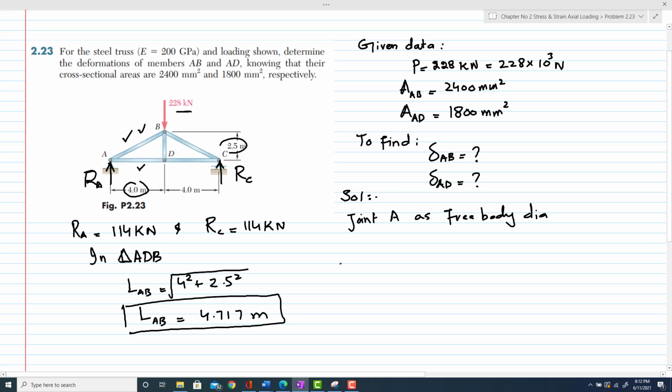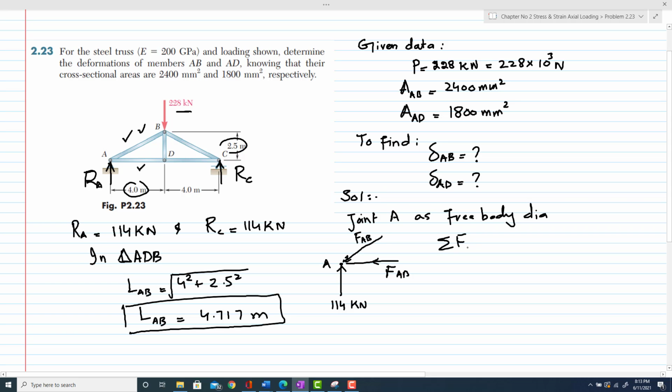So this is point A. There is a force acting, that is RA, 114 kilonewton. At point A there is a force FAB, and at point A there is also a force FAD. So let's apply the equilibrium conditions.